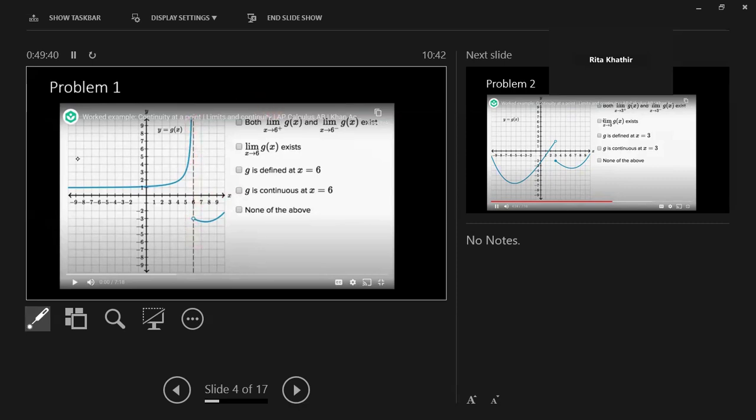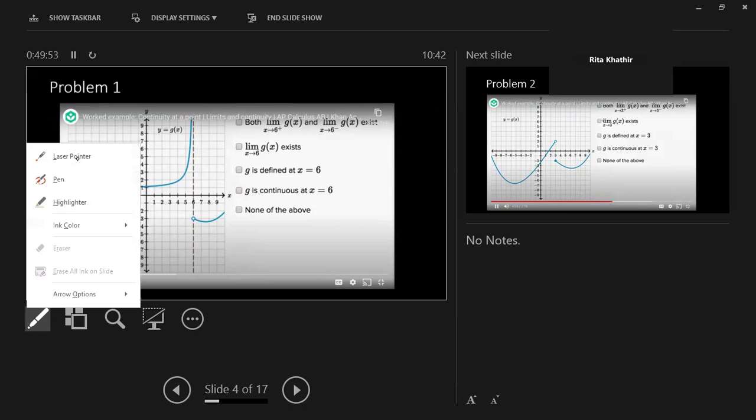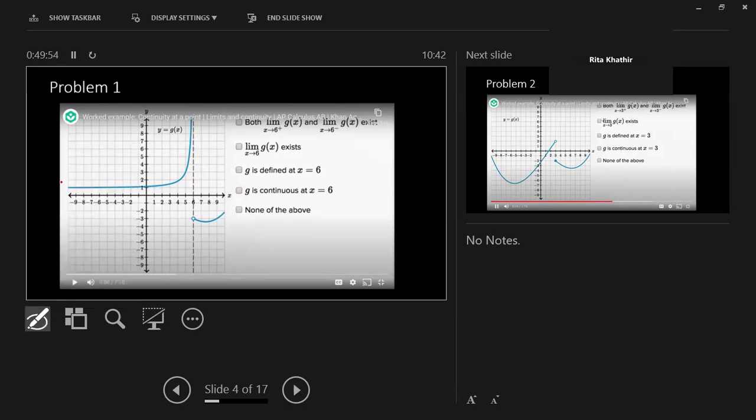And look to the question. What limit approaches 6 from the right hand side? So give attention to x equals 6. This is right hand side, left hand side.